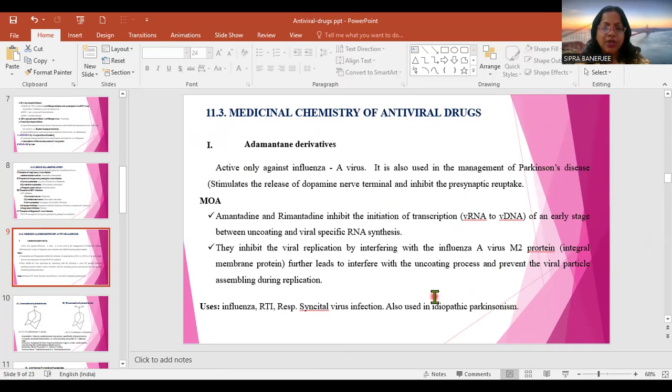They inhibit viral replication by interfering with the influenza A virus M2 protein, an integral membrane protein, which further interferes with the uncoating process and prevents viral particle assembly during replication. Examples include influenza, respiratory tract infection, and respiratory syncytial virus infection.